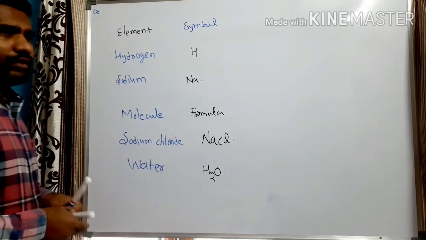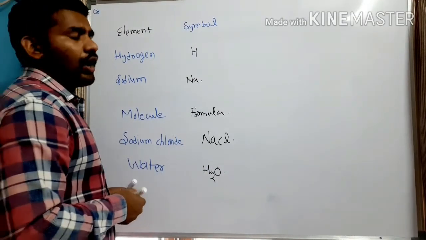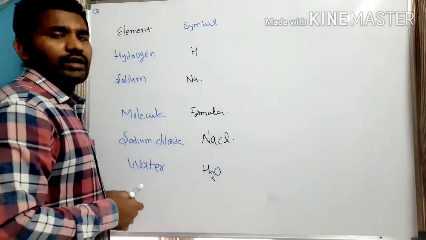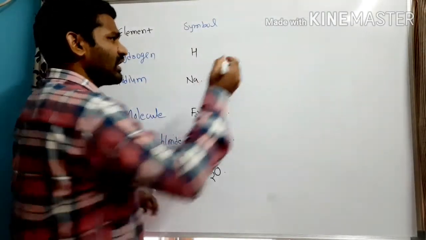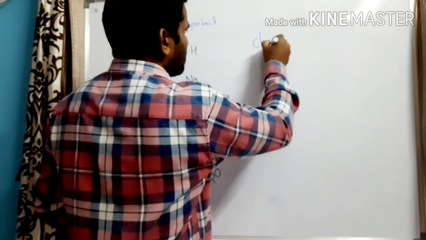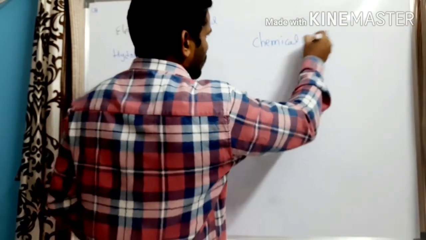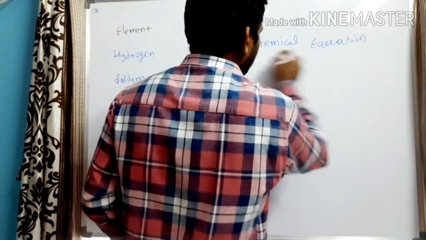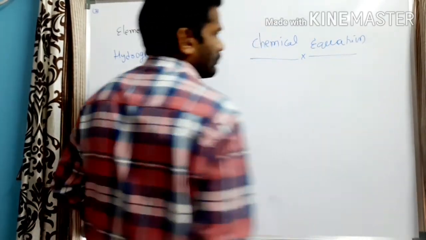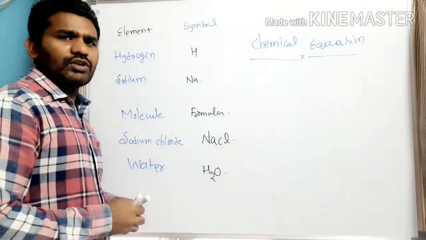Now, let us try to understand how to represent a chemical change. A chemical change can be represented by a chemical equation. So what is a chemical equation?